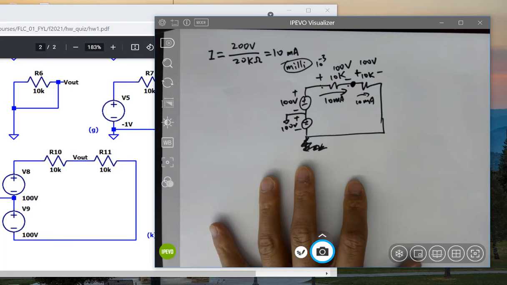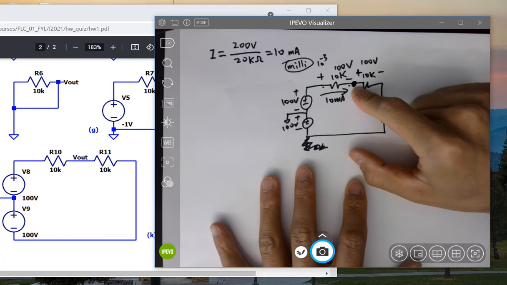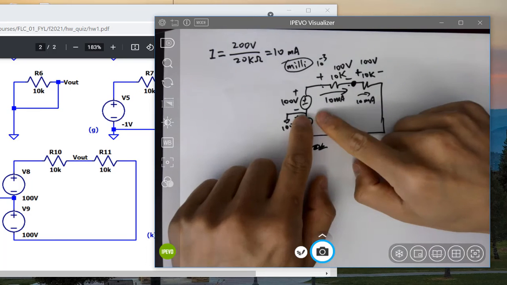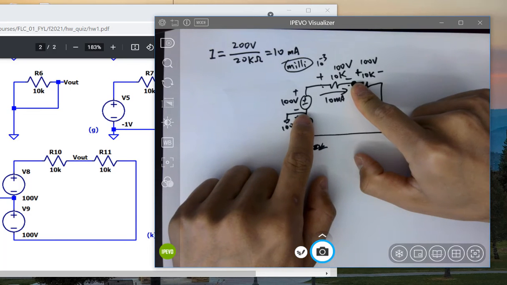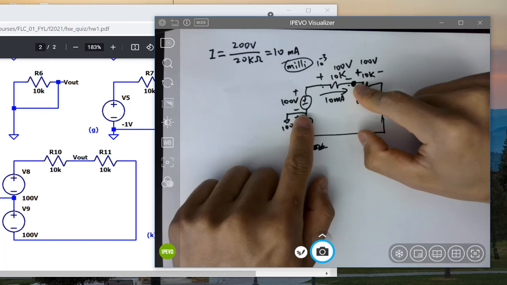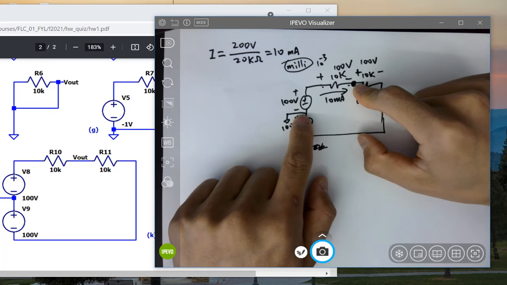If I'm just saying the voltage at this point, I'm comparing the voltage here to the ground, which is here. And that is the voltage drop from here to here, the same voltage. I just say it's a node voltage of this point, which is V out.